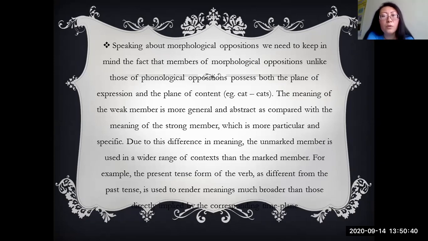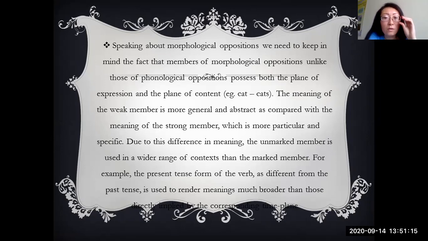Speaking about morphological oppositions, we need to keep in mind the fact that members of morphological oppositions, unlike those of phonological oppositions, possess both the plane of expression and the plane of content. For example, cat and cats. The meaning of the weak member is more general and abstract as compared with the meaning of the strong member, which is more particular and specific.